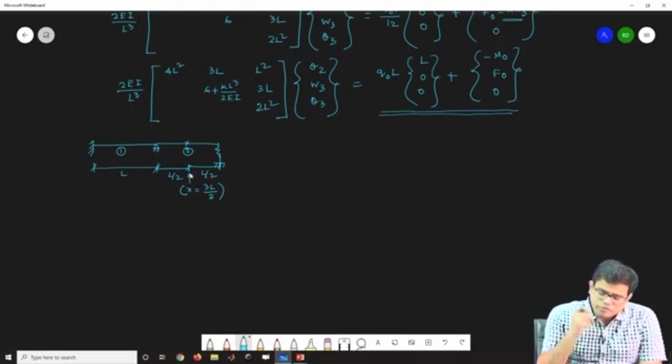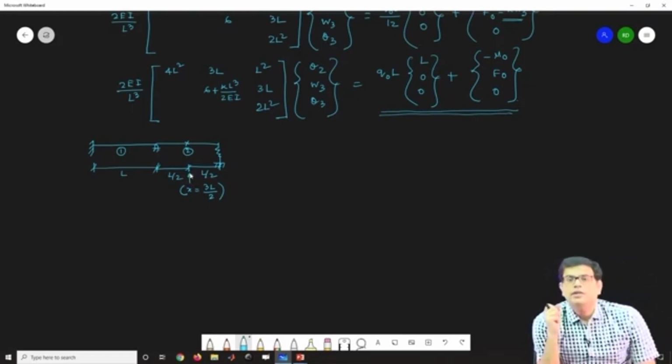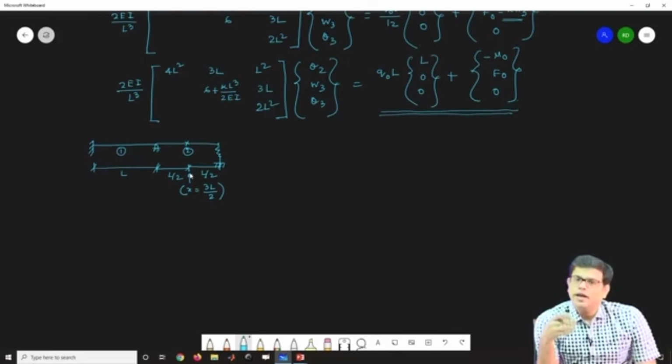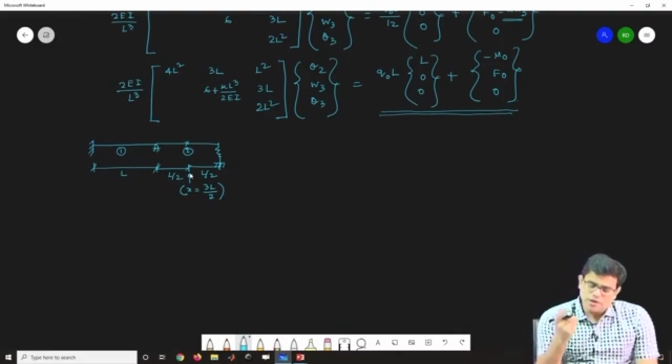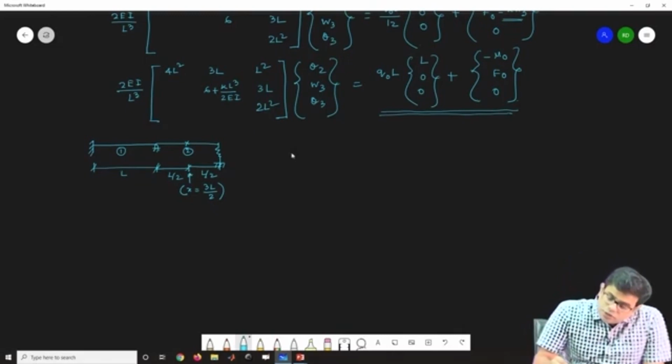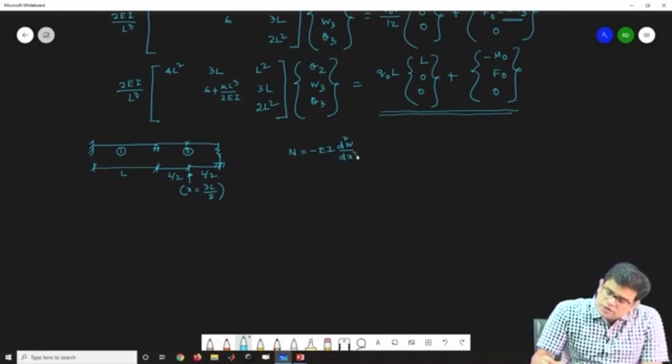At x equals 3L by 2 you can compute the moment. So how can we compute the moment? Suppose this is M. We know the relation between moment and the curvature, that is EI d2w by dx2.